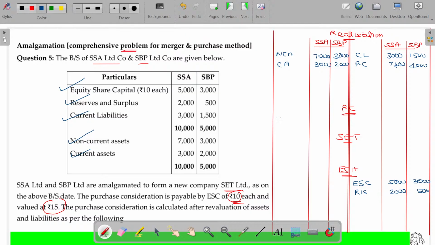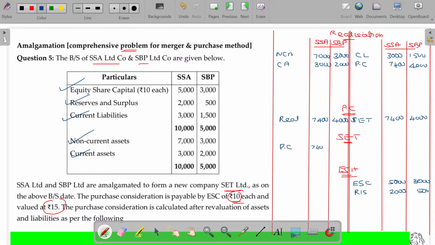Payable for realization, means all the assets and liabilities, this one, 7,400 and 4,000, which is payable by set, so set account, and this will be payable by set.